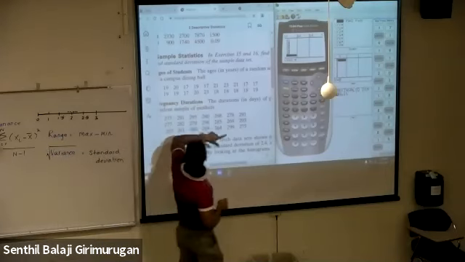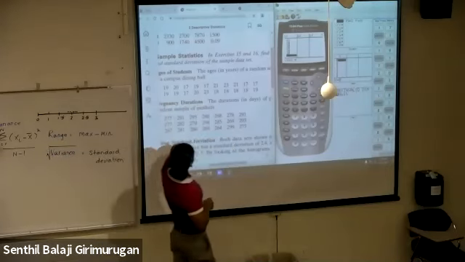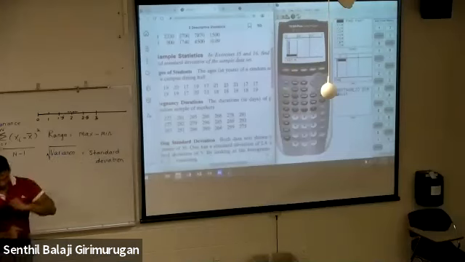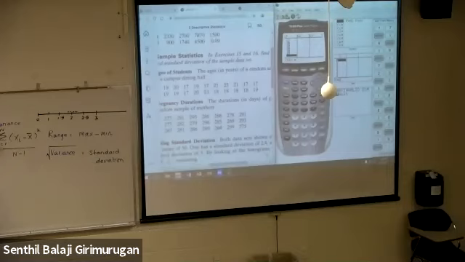So 1, 2, 3, no, 19 is just 4. No, it's 5. Is it 5? Yes, 5. So 19, 17, but average, I'll say maybe 18.7. I don't know, we will see. It's close to 19 anyways. Just by looking at it, we kind of know the average.